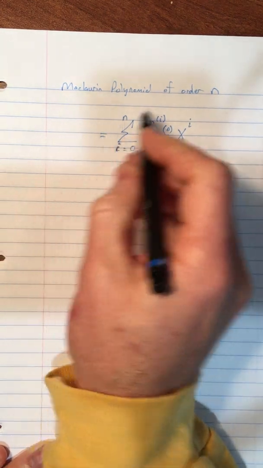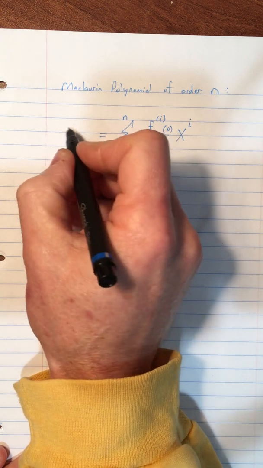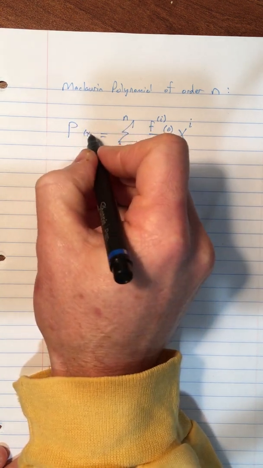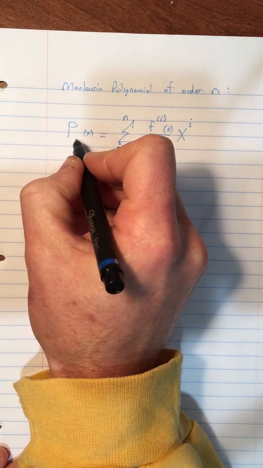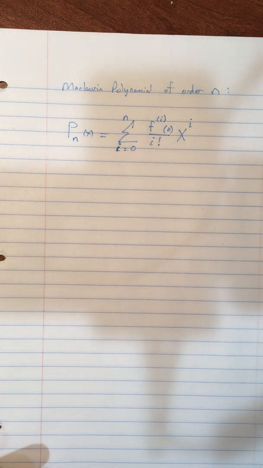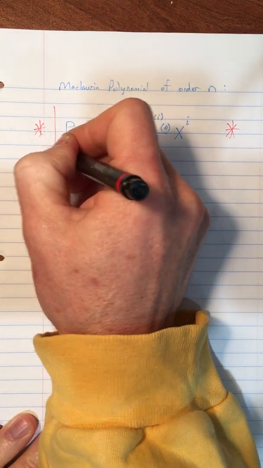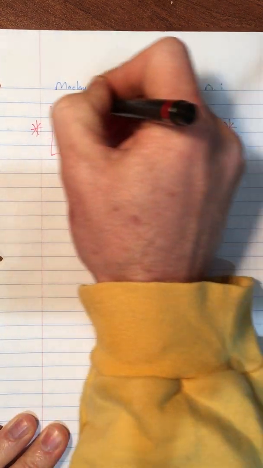So we've got a polynomial of x, and then to show that it's of order n, we'd put a sub n. This is our first formula. This is the formula for a Maclaurin polynomial of order n.